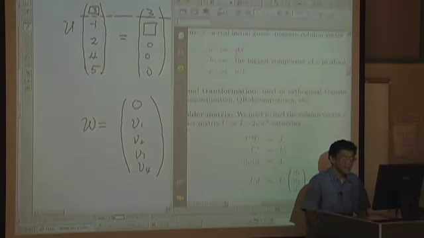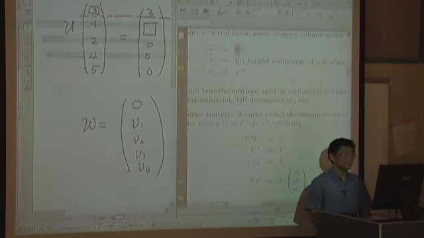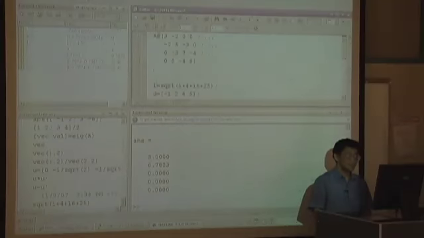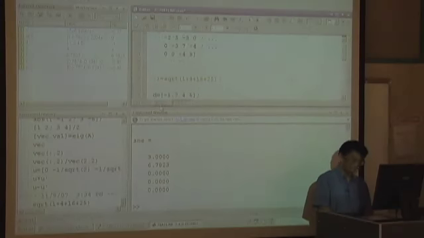This is the A matrix times X and so on, right? So let's suppress all these things. How do we suppress the chunk? Do you know how to suppress the chunk?